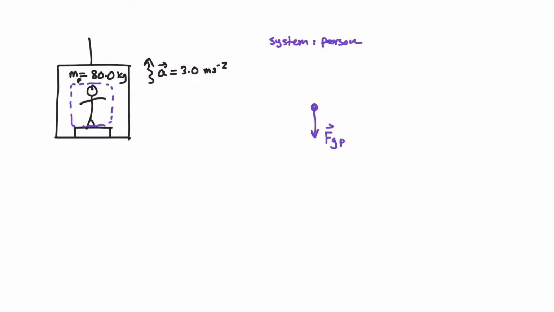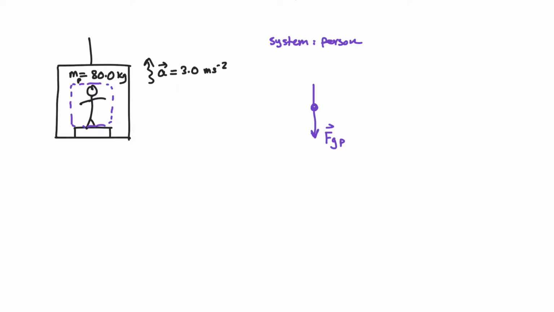The elevator is going up, and the only other force acting on the person is the normal force acting from the scale, because it's directly in contact with the scale. It's not directly in contact with the elevator, just the scale, acting upwards.